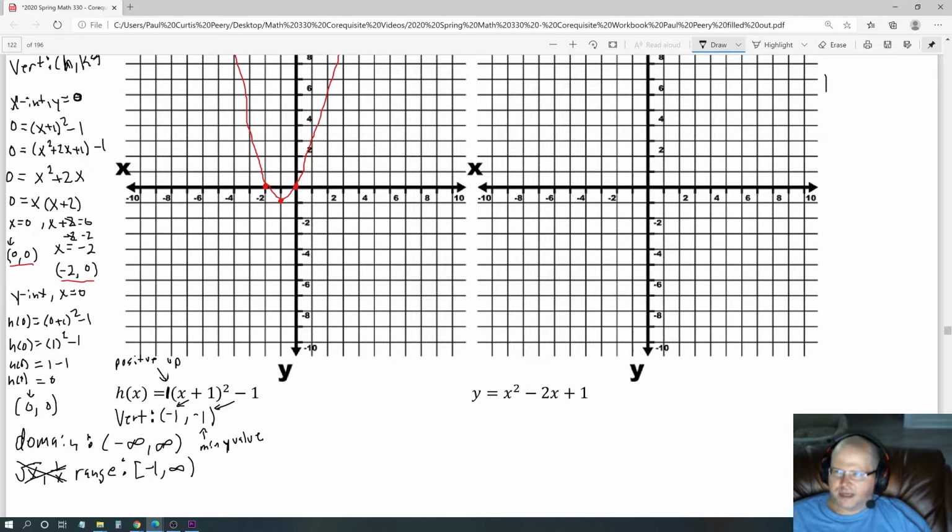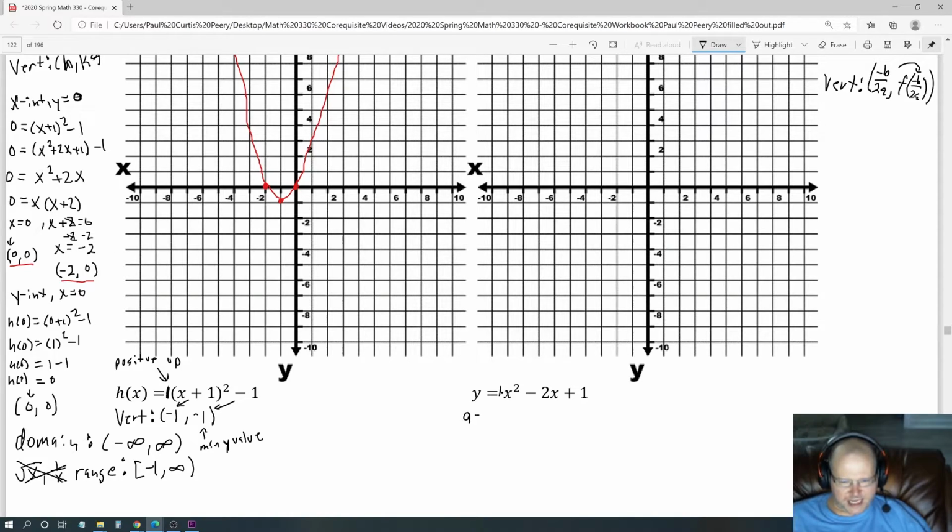So what you would do is basically say, I want the vertex, and the x value of the vertex would be negative b over 2a. Then you plug that x value into the function, and that would give you your vertex. In this case, we have the same a, b, c's as in the quadratic, but we're only interested in the a and b.